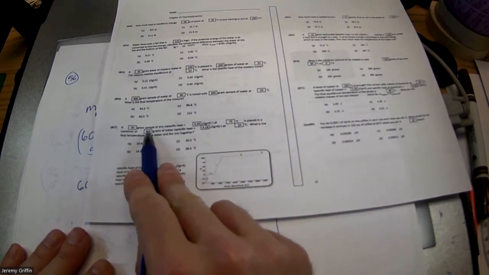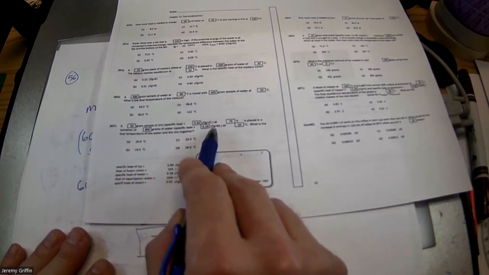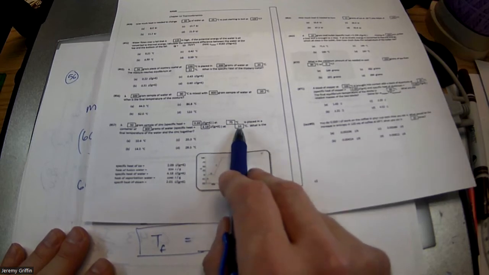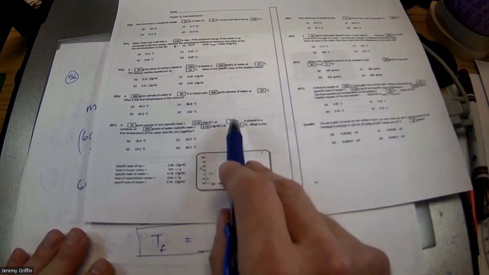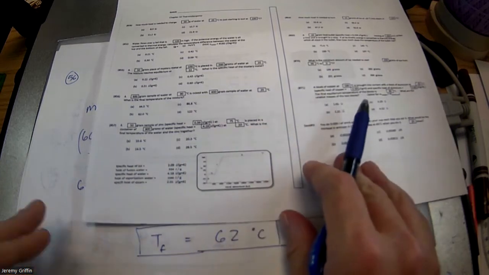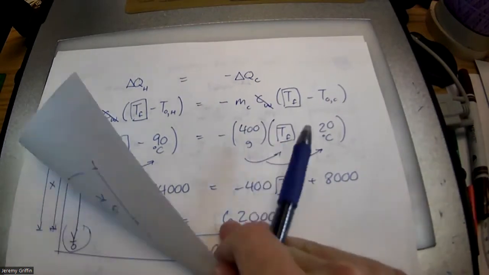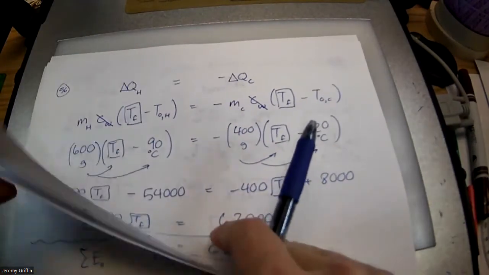It's placed in a container of 800 grams of water, which has this very high heat capacity, 4.18 joules per gram Kelvin. So I've got some cold water and hot zinc. What is the final temperature of the water and zinc together? Kind of a combination of the last two questions. What's this?